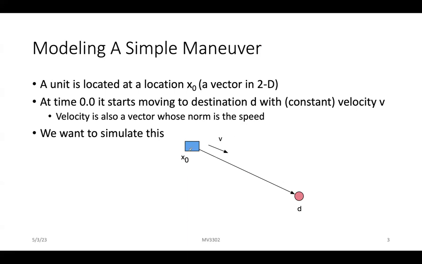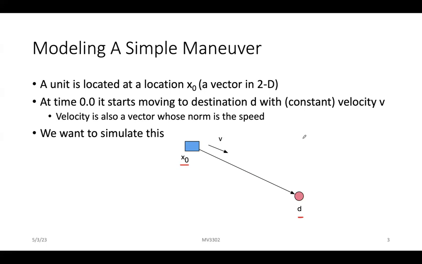So if I have a unit located at x naught, a vector in 2D, let's say that at time 0 it starts moving to a certain destination D with a constant velocity v. This is what we want to simulate.